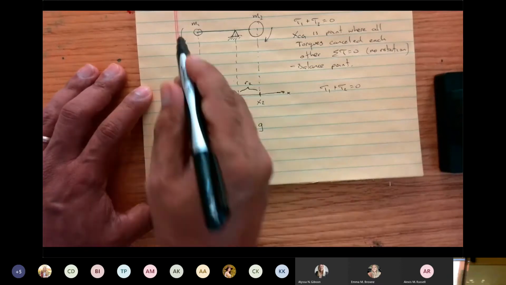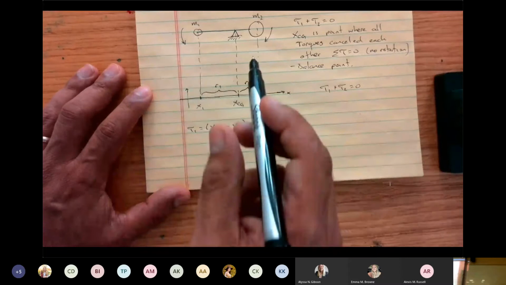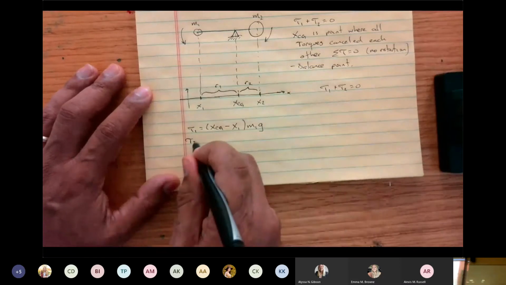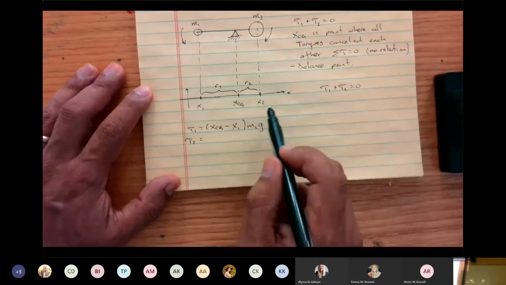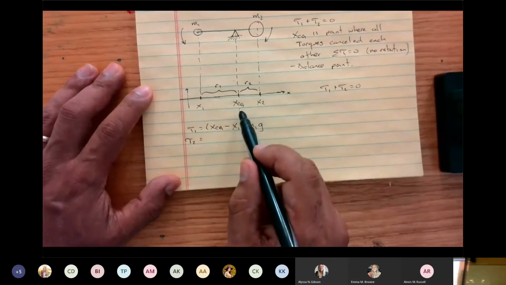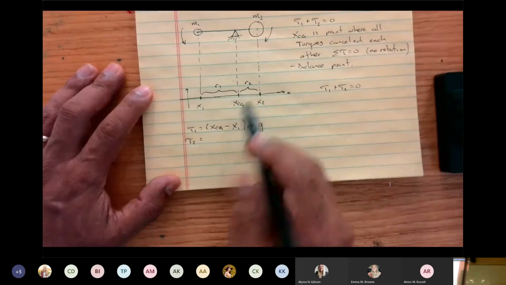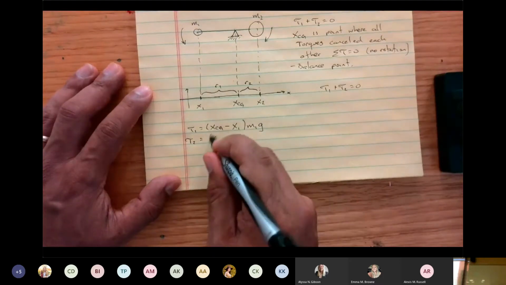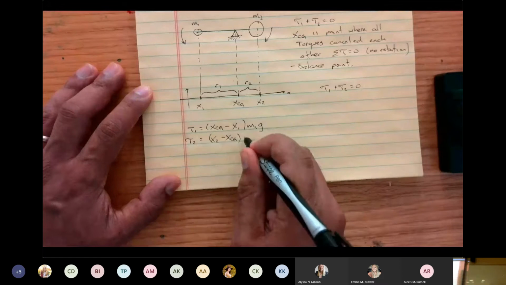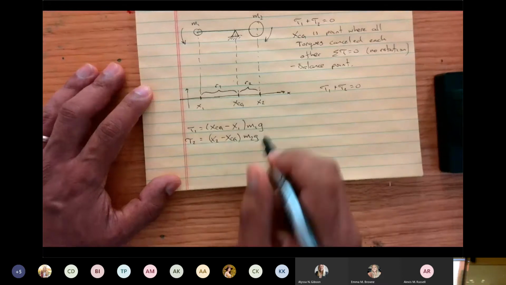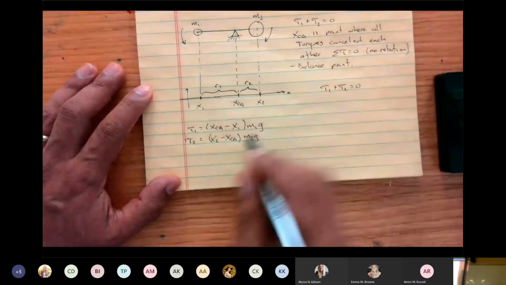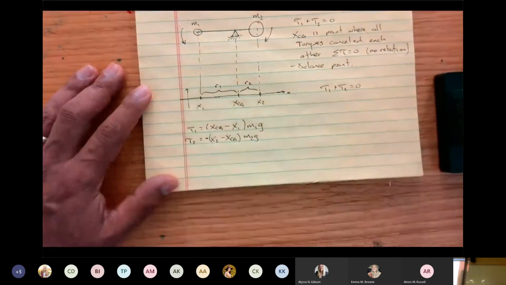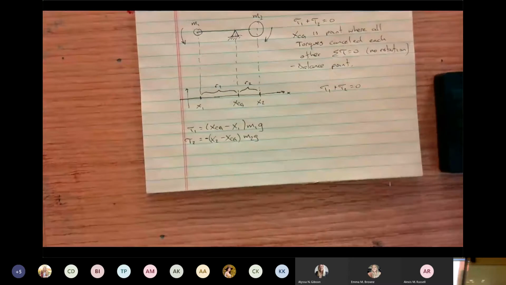This one is rotating counterclockwise, so it's going to be positive. And then for tau 2, the distance R2 is going to be x2 minus the position of the center of gravity, times m2g. Because this one is rotating the object clockwise, this is going to be negative. Okay, so far so good?